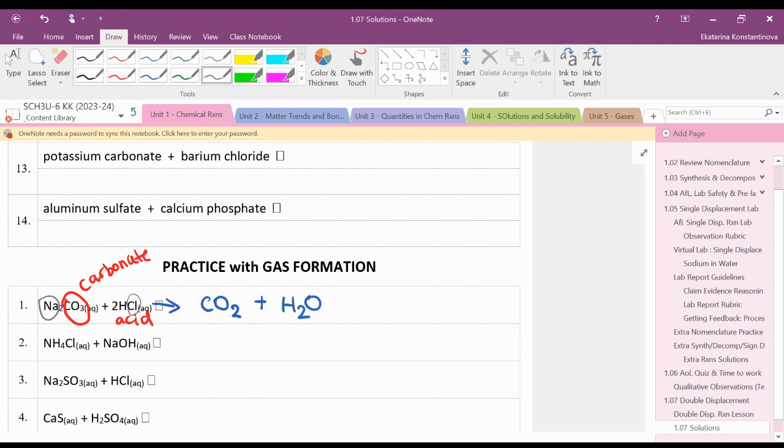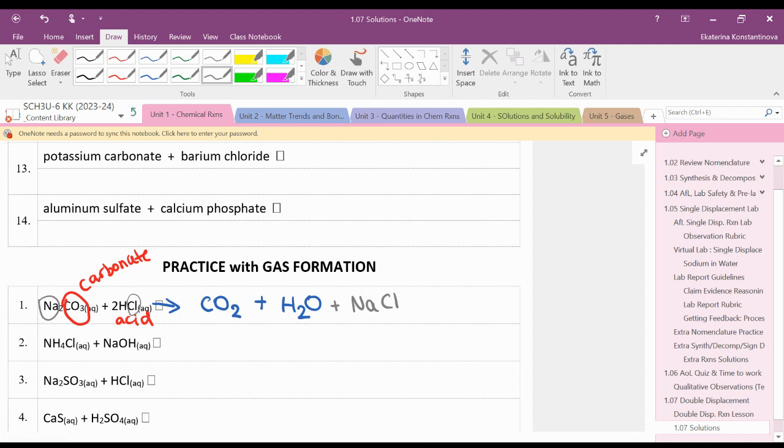So I want you to pause and think, what does that mean? What do I need to do for this reaction? Well, your Na and Cl will actually combine to form NaCl on the product side.